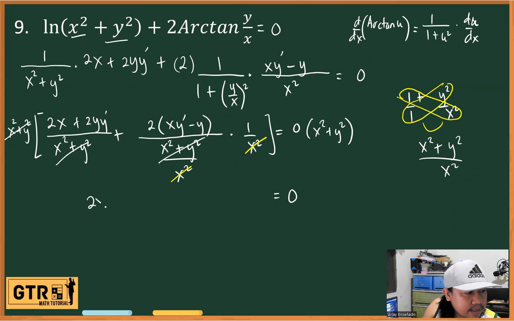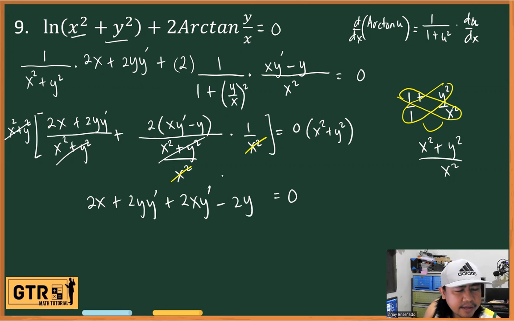And then, so just copy. So we have 2x plus 2y y prime. Distribute 2. We have plus 2xy prime minus 2y. So as you can see, we all have 2. So divide both sides by 2, or just simply cancel all the 2. 0 divided by 2 is still 0.